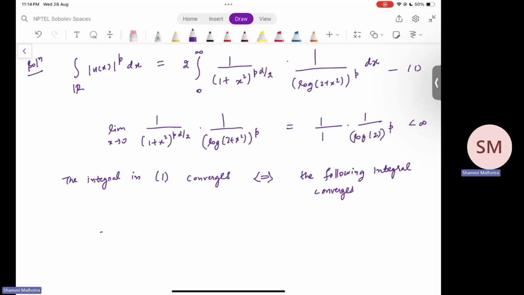Now what is the integral? The integral is the integration from 1 to infinity of 1 upon (1 plus x square) to the power of alpha by 2, times 1 upon log of (2 plus x square) whole to the power of p, dx.